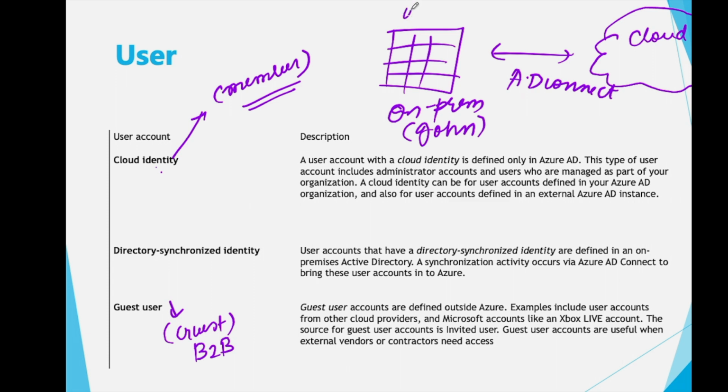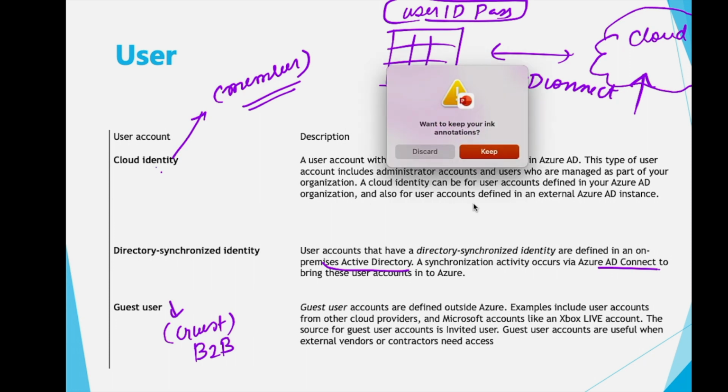So he will have his user ID and password. The same user ID and password he can use to access the Azure services also. So these are directory synchronized users. We can synchronize them from the on-prem Active Directory. A synchronization activity occurs via AD Connect to bring this user's account into Azure. So these are the three categories of the users that we have.